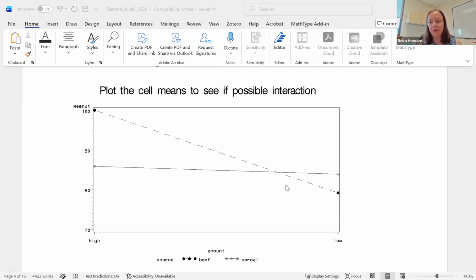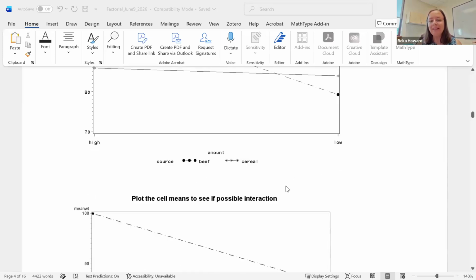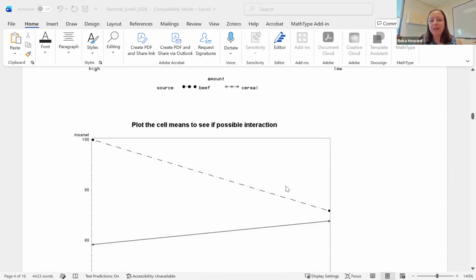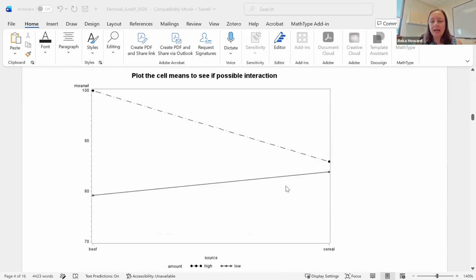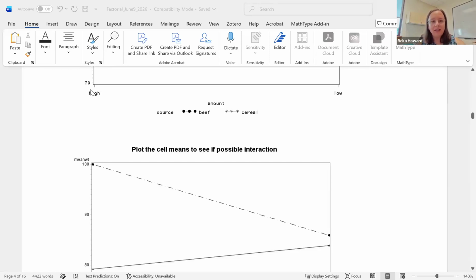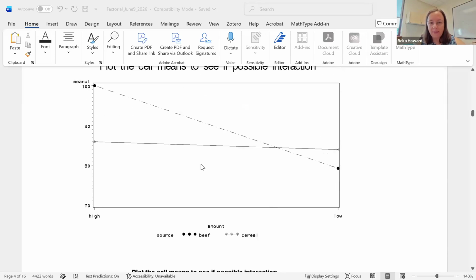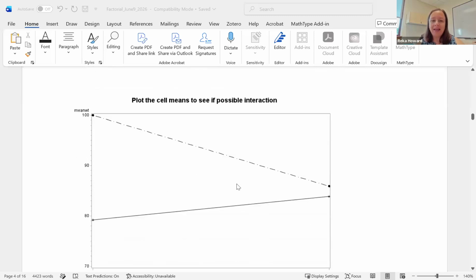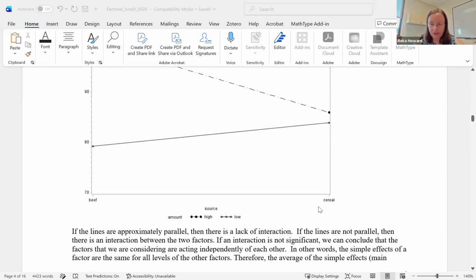But one thing that I really want to point out, just look at this plot. What I did was I plotted the exact same data set. I did not change anything, but you saw that here I have high and low, and the two lines represent the sources. Now I flipped, and here I have the sources, and the two lines represent the amounts, the high and the low.